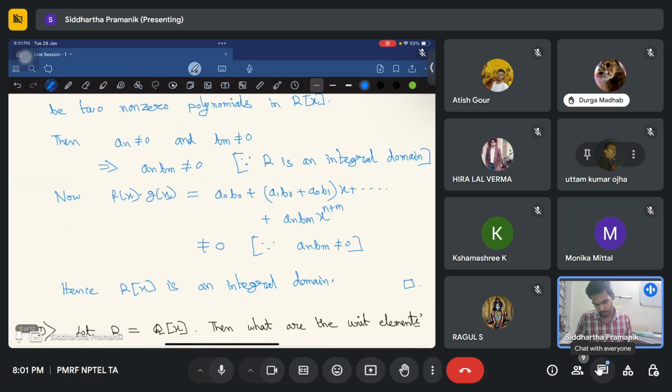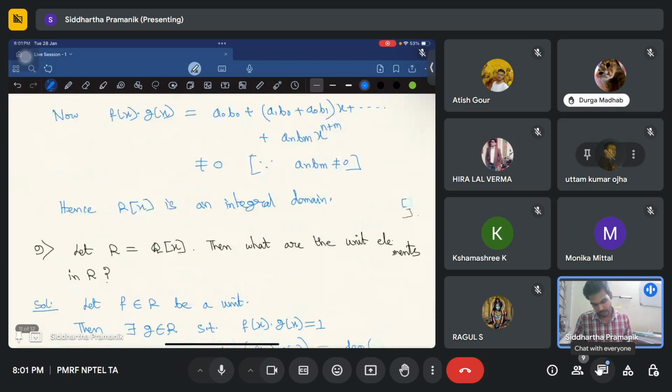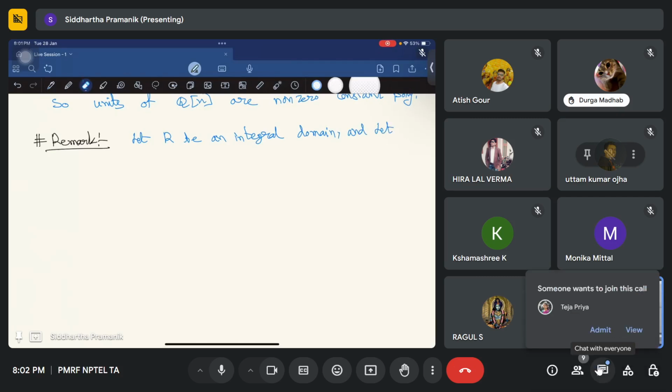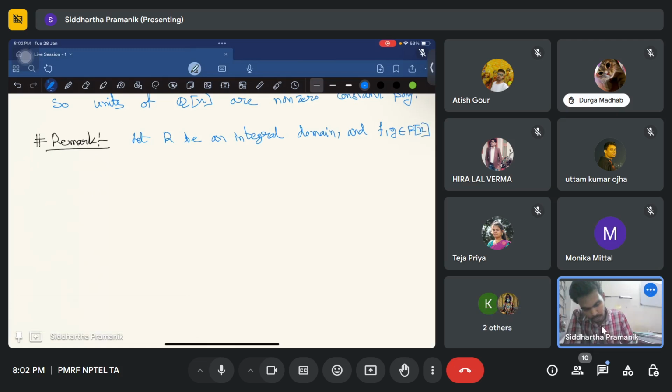Then by our earlier problem, the polynomial ring R[x] is also an integral domain. Let f, g belong to R[x], two non-zero polynomials.